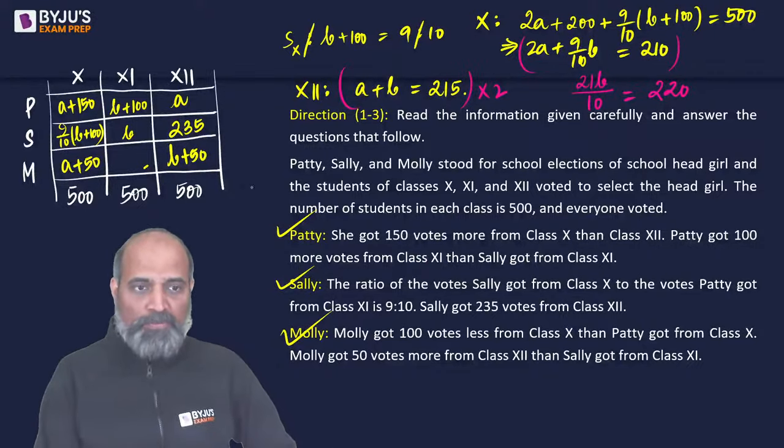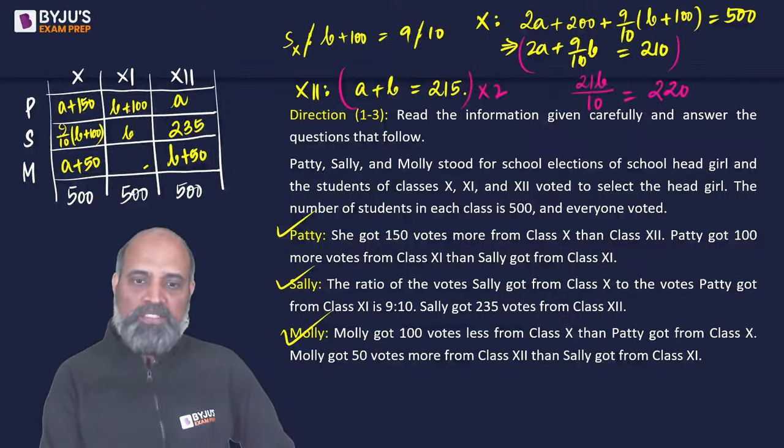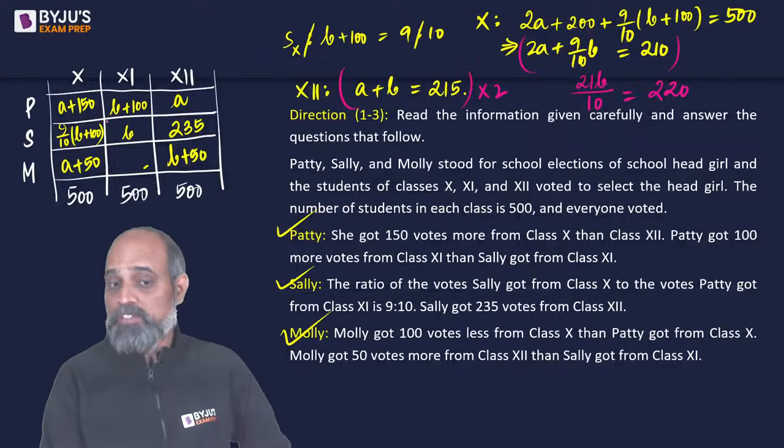Patty got 150 more votes from class 10th than class 12th. ठीक है. Patty got 100 more votes from class 11th than Sally got from class 11th. The ratio of votes Sally got from class 10th to the votes Patty got from class 11th is in the ratio 9:10. ठीक है. This is also fine.